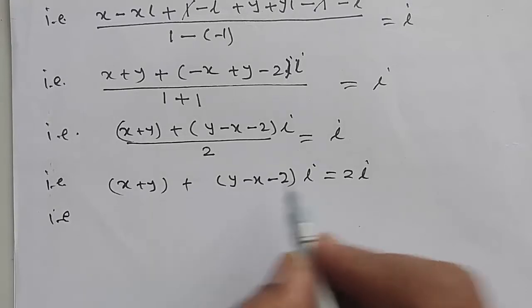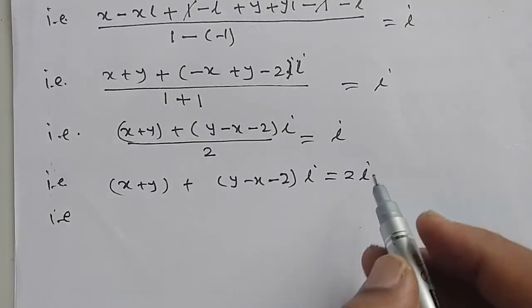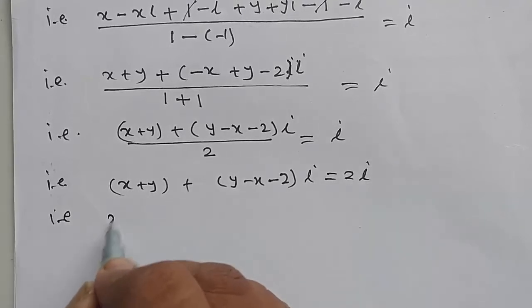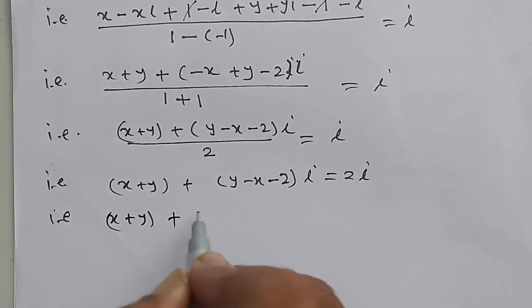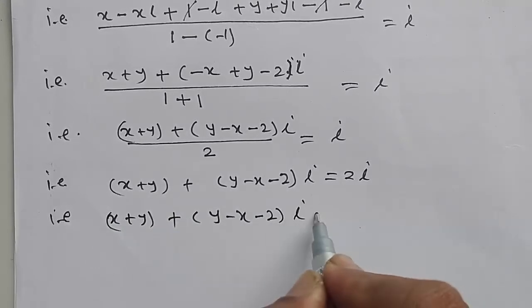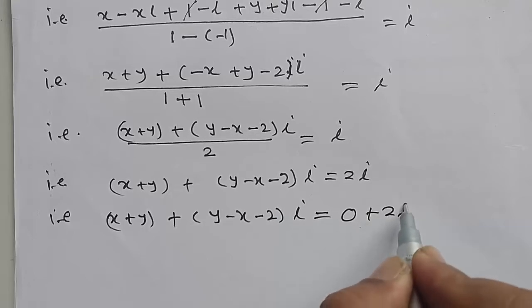The LHS is a complex number, the RHS is also a complex number, but there is no real part, so the real part is 0. That is, (x + y) + (y - x - 2)i = 0 + 2i.